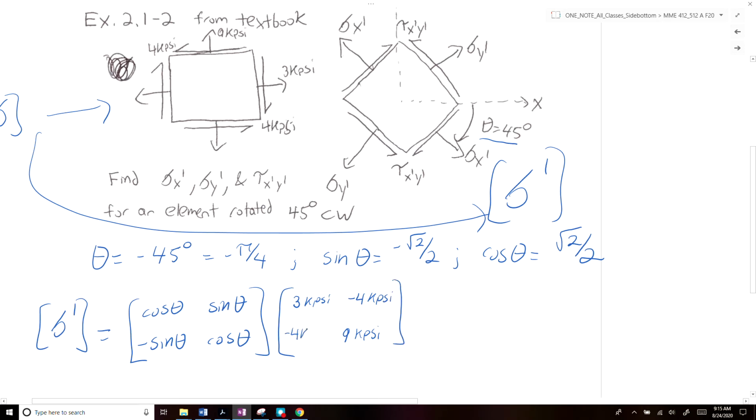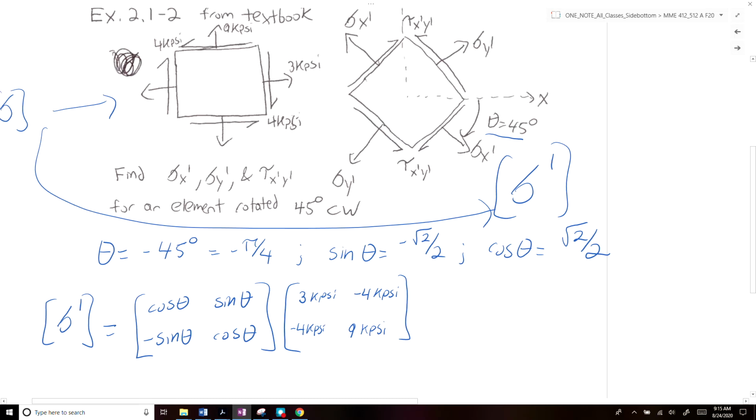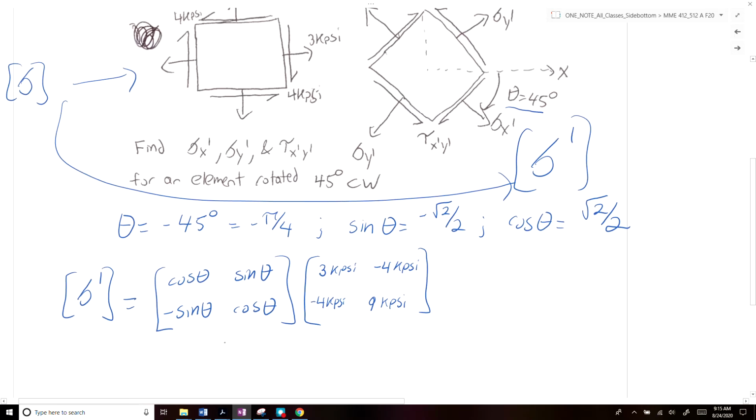So that's our stress matrix here. This is our transformation matrix, and this is our stress matrix.